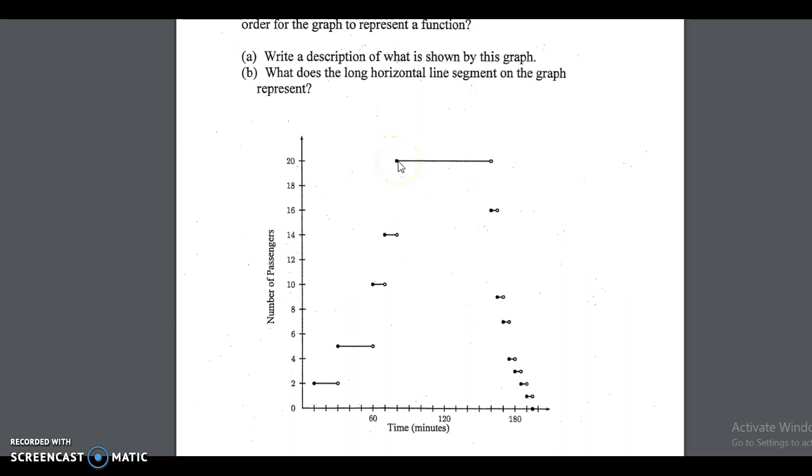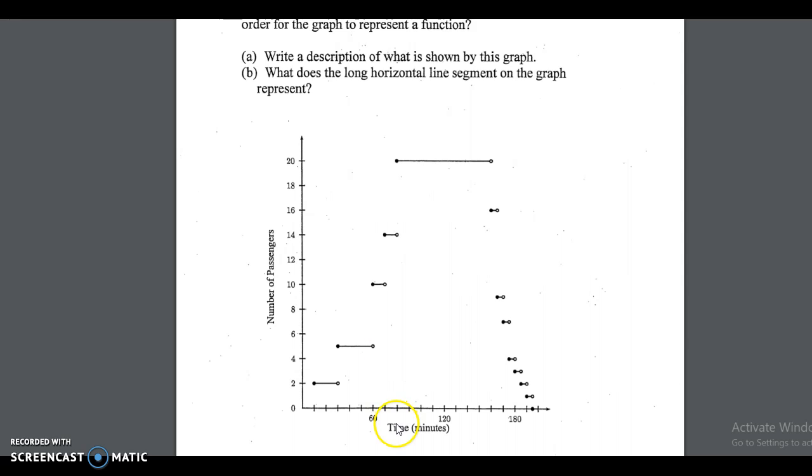For the long horizontal line segment on the graph, there are 20 people, and it starts at 80.